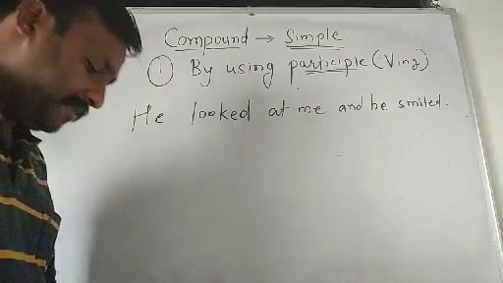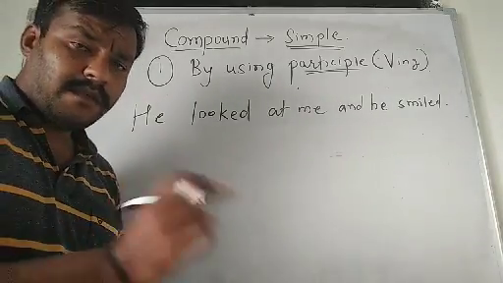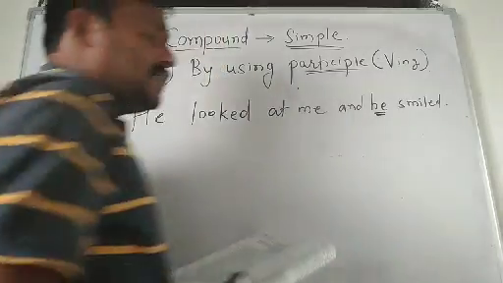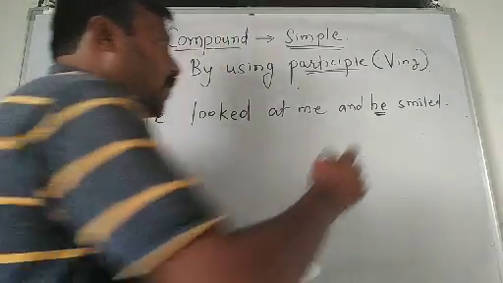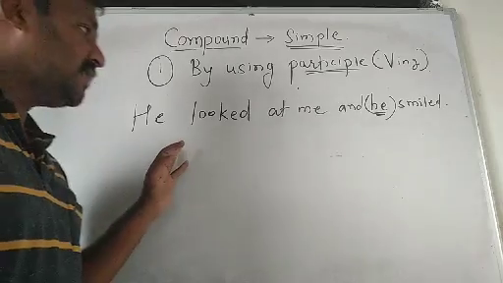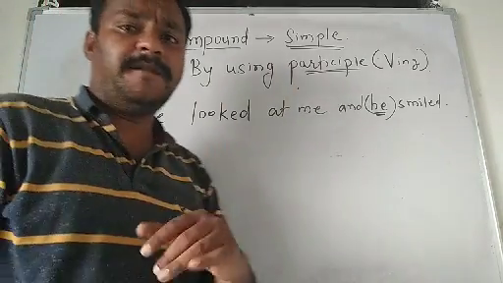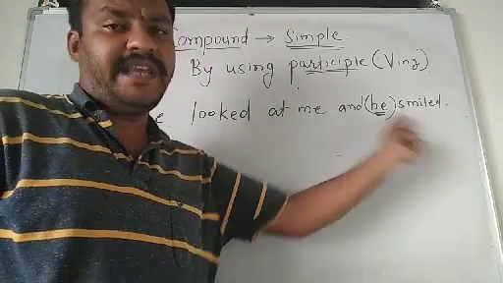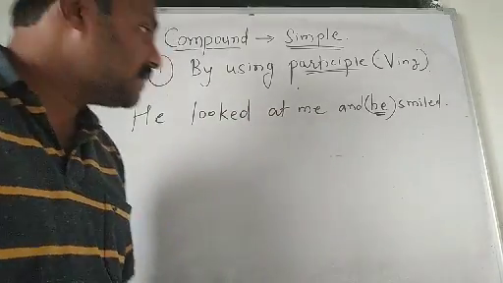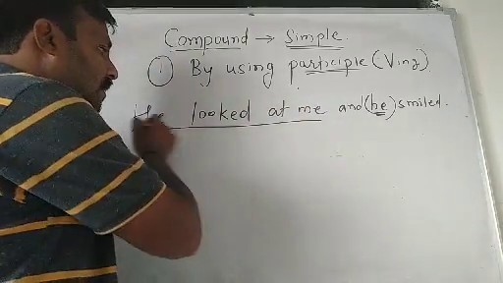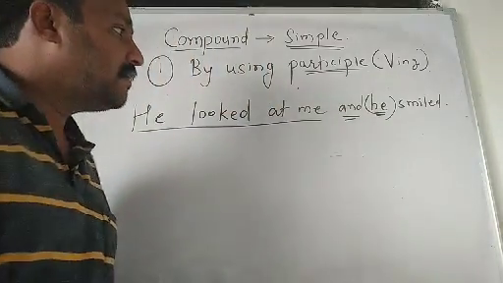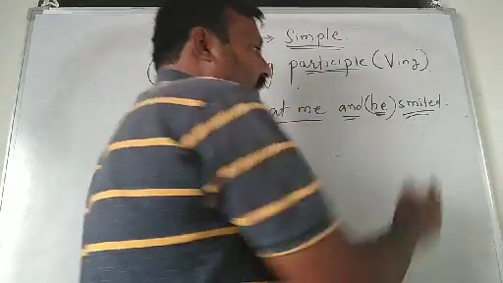Here also again two main clauses are there. For your better understanding I have used this he smiled, but as per the rule, when the same subjects are used it is not necessary, but for better understanding I have used he here again. He looked at me, first main clause, linking word, that is and, he smiled, another main clause.